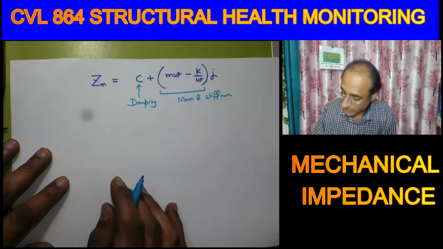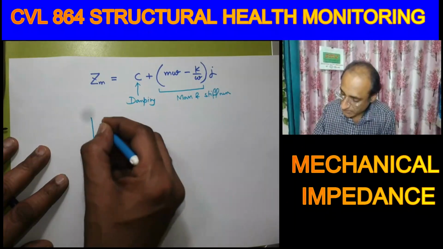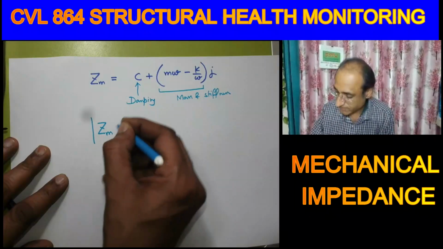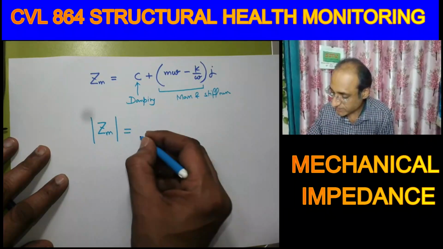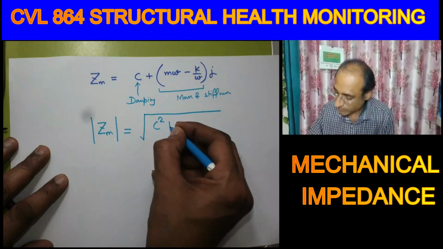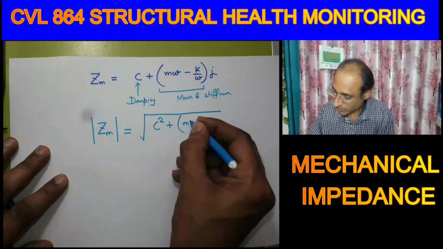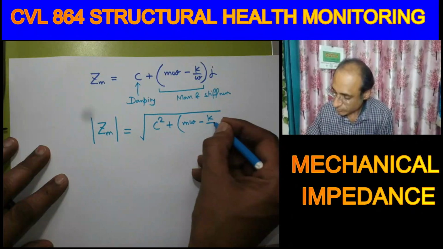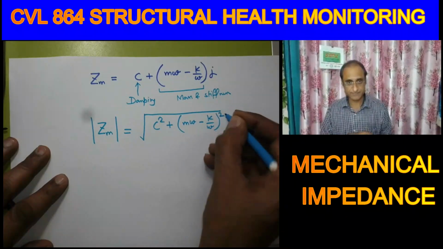And what is the magnitude of the mechanical impedance? We just use complex algebra and we get the square root of C square plus (m omega minus k by omega) whole square. So this is the magnitude.